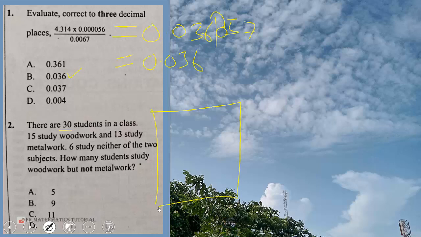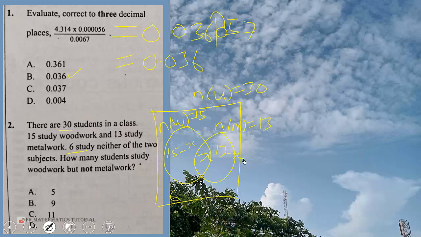This is a Venn diagram, and we have the number of students in the class to be 30, then the number who study woodwork is 15, and the number who study metalwork is 13, and we're told that 6 study neither. So if this is x, then this will be 15 minus x, and this will be 13 minus x.